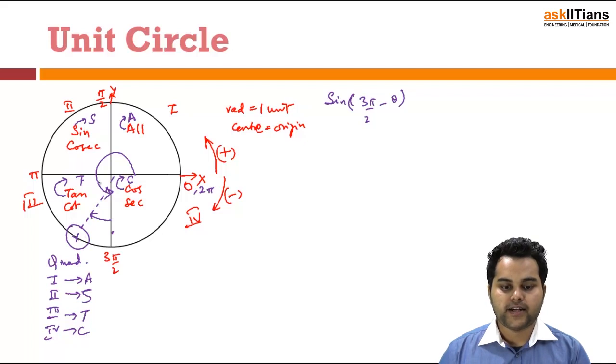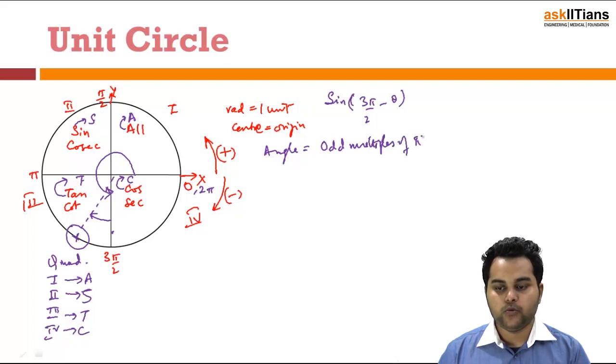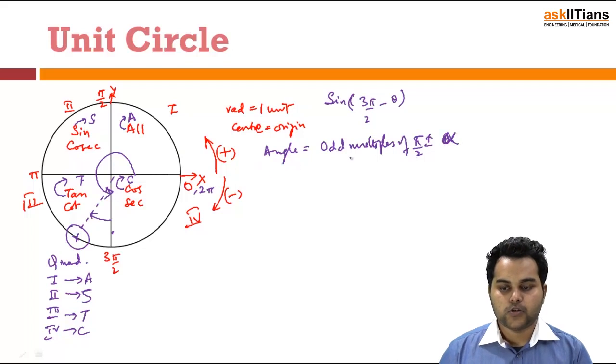Now I'll jot down the rules for you: if I have the angle of the form odd multiples of pi by 2 plus minus theta, let's say this is alpha, because I already defined theta, then there would be a transformation in the trigonometric ratio, that is sine to cos and vice versa, tan to cot and vice versa, and sec to cosec and vice versa.